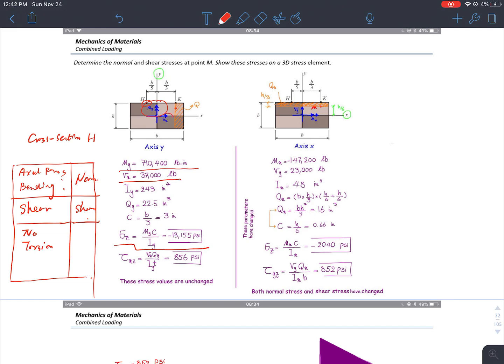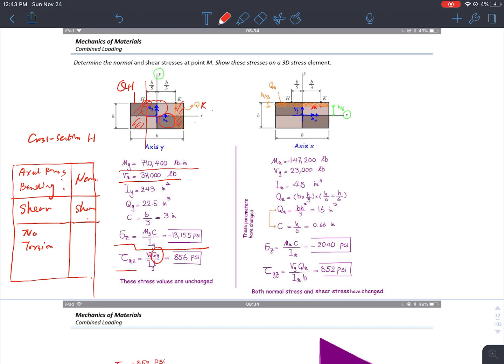I also have a shear force right here in the x direction. So I can find my Q, and this will be the Q for H, and this is Q for K. So I can find my Q, then I can find my shear stresses.